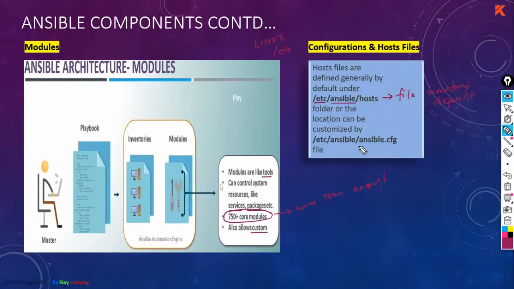There is another configuration file already installed called ansible.cfg. So you will edit that CFG file and mention what your inventory file name is and where it is located. That's all.